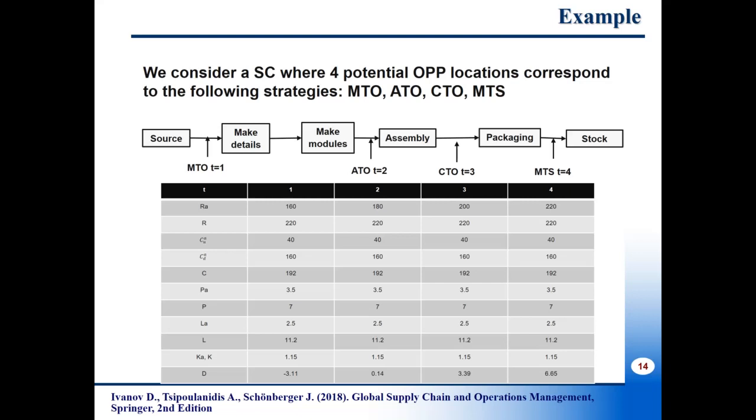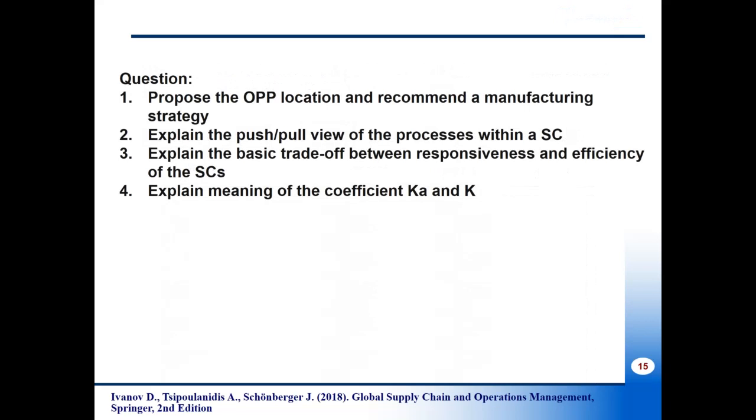And second, if we look at the array, it shows that due to a lower level of revenue from introducing agility and lower investment in the general inventory holding unit, therefore the MTO strategy is less attractive as compared to ATO, CTO, and MTS.